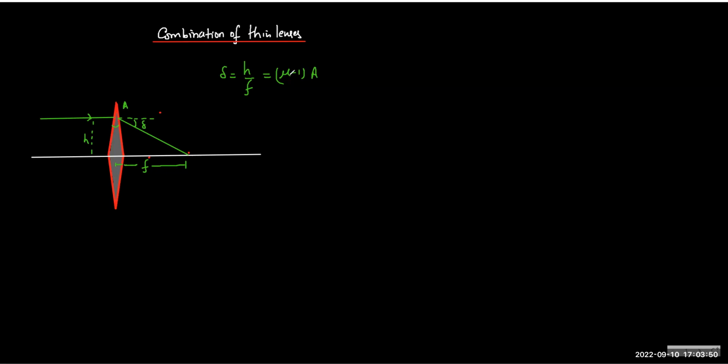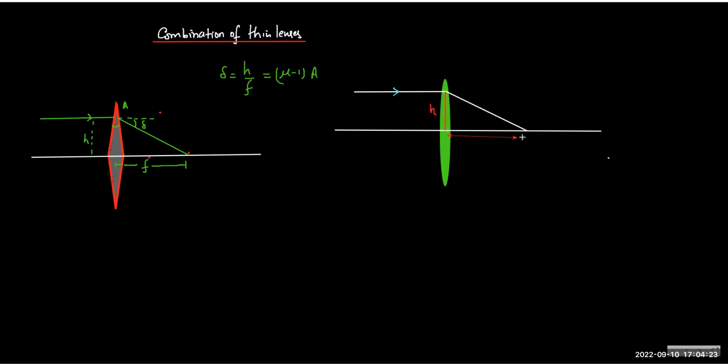So this is the first thing which we write for a thin lens, so deviation we write like this.